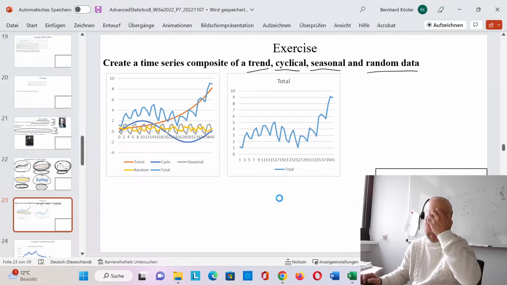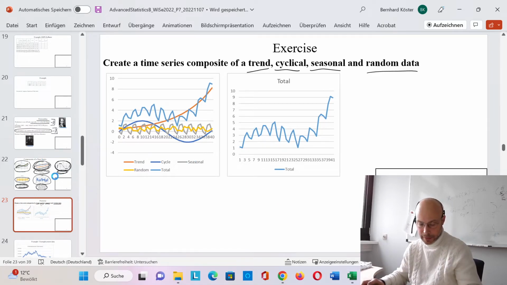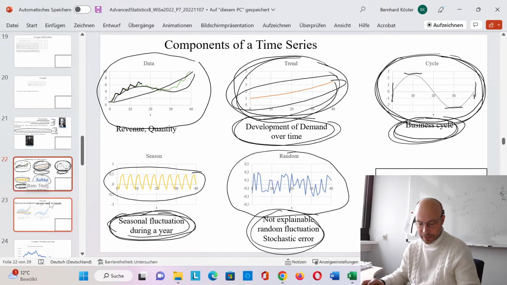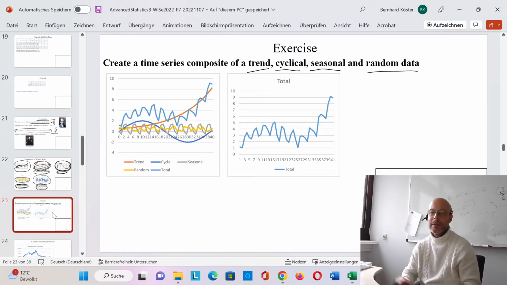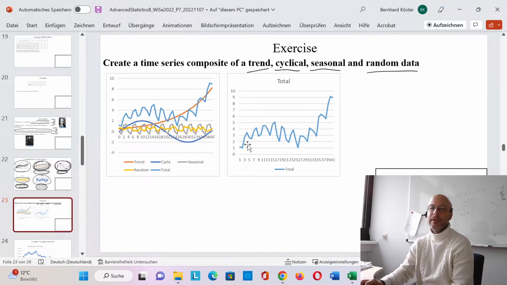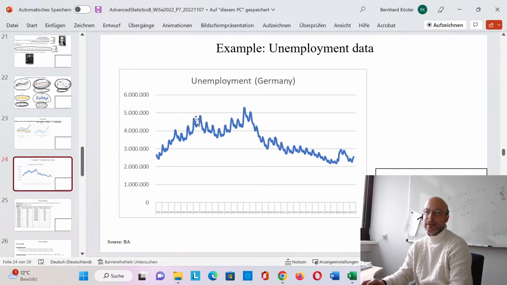Okay, and of course I am coming from the macro side, and so I just give you an example, and maybe you have already seen this, where you have actually a pattern like this in practice, and this is, for example, the pattern of unemployment. In unemployment data you see here within a year, you have this repeating pattern.